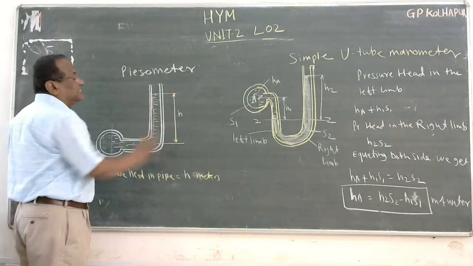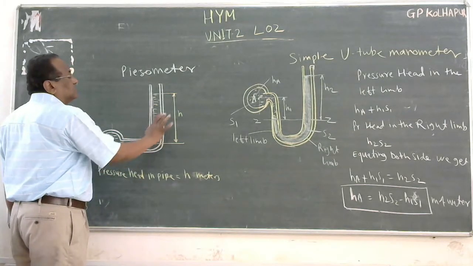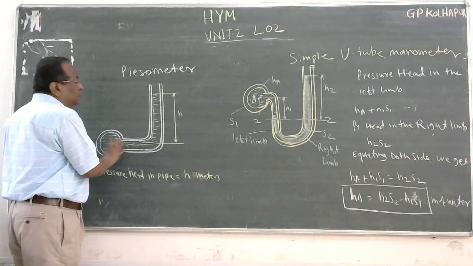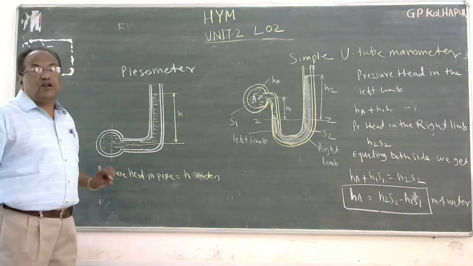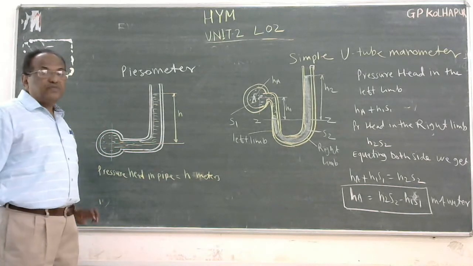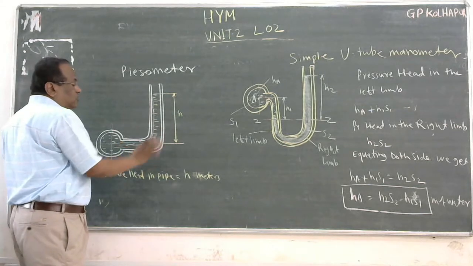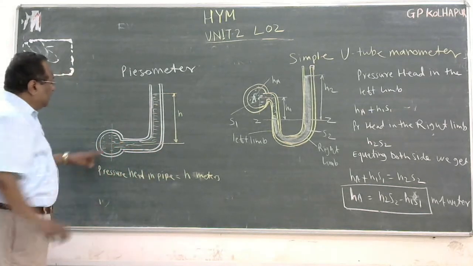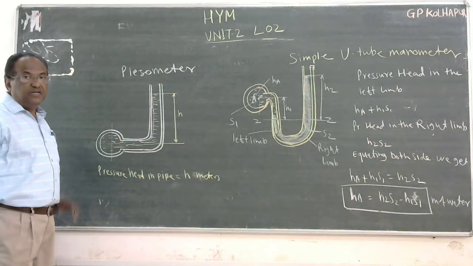Let us say H meters. So, this height to which the liquid has risen is the indicator of the pressure in the pipe. We can straight away say that the H meters of liquid is the pressure head in the pipe.